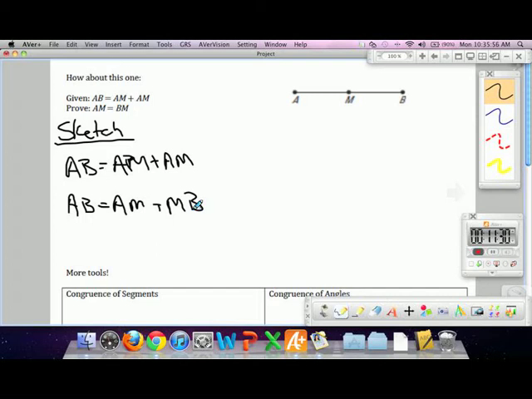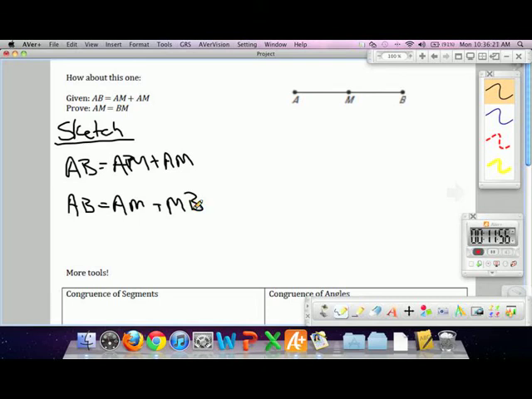I can't get there yet. Spencer's got this. He's the postulate king. Segment addition. The segment addition postulate says that you could add the smaller parts and get the whole. So totally separate from this original statement, you could use the segment addition postulate to get this thing.